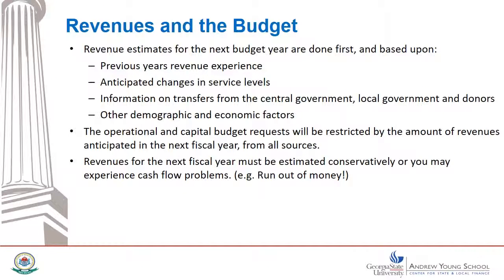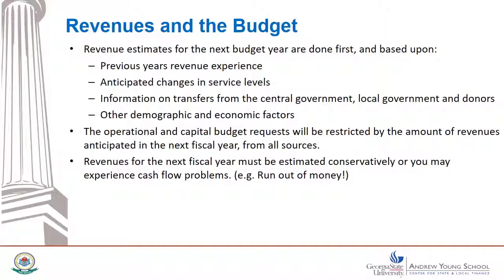Now, revenue estimates are based upon many different inputs. The previous year's revenue experience, which includes the collection rate for billable services, planned changes in service levels, any information you have regarding next year's transfers from the central government, local government, or donors, and other demographic and economic factors which may impact next year's revenues, such as changes in unemployment.